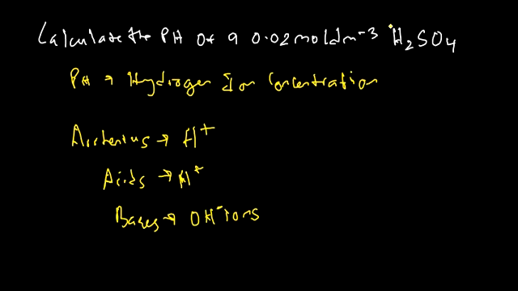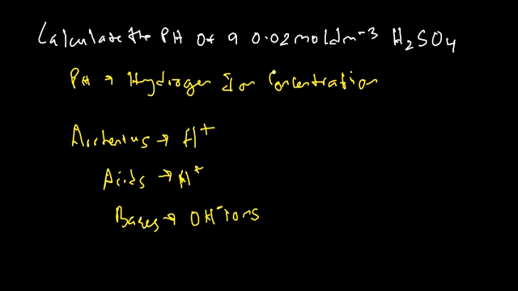What you have to do first is to calculate the pH, because when an acid is dissociated in water, it cannot give us OH minus ions. It can only give us H plus ions. So if you are given an acid and asked to calculate the pOH, you first calculate the pH and then you calculate the pOH.